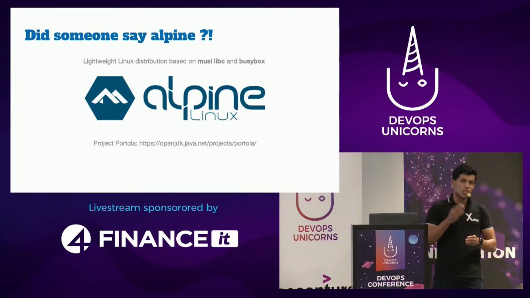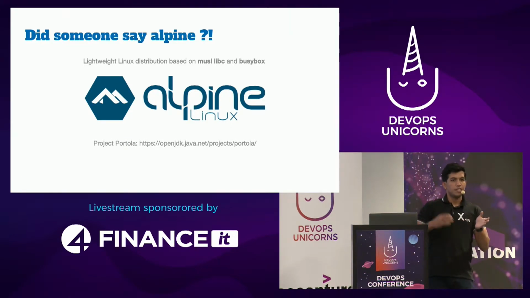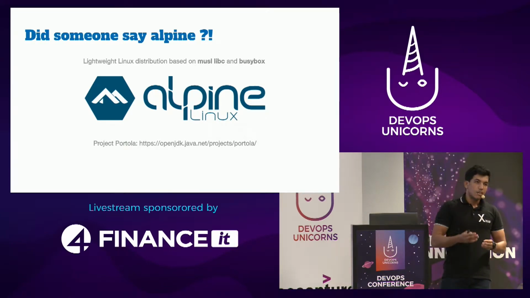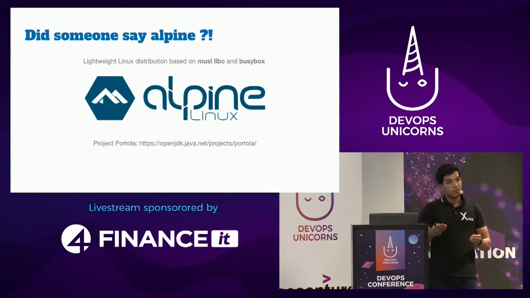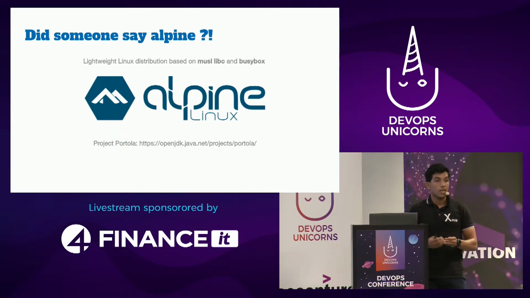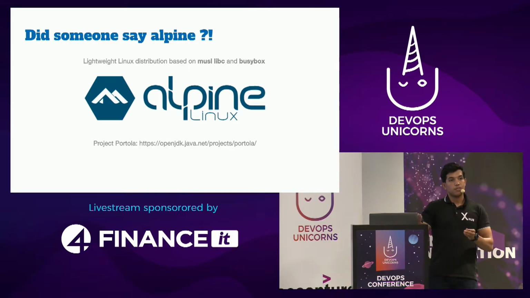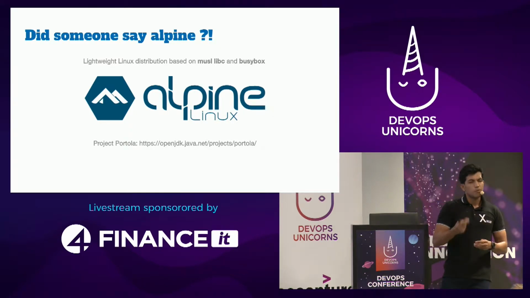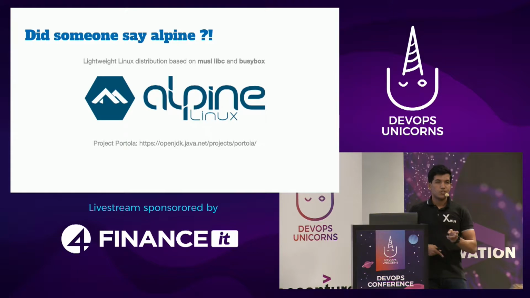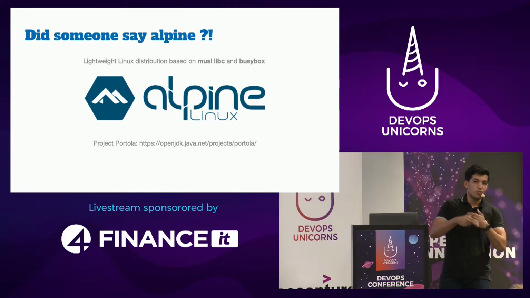However, there is one big difference between Alpine and other common Linux distributions that we are familiar with: while Alpine is based on musl libc, other Linux distributions are based on glibc, which means that C and C++ code that is compiled with musl libc will not work on glibc, and vice versa. And you may be wondering why we are talking about C and C++ in somewhat of a Java talk.